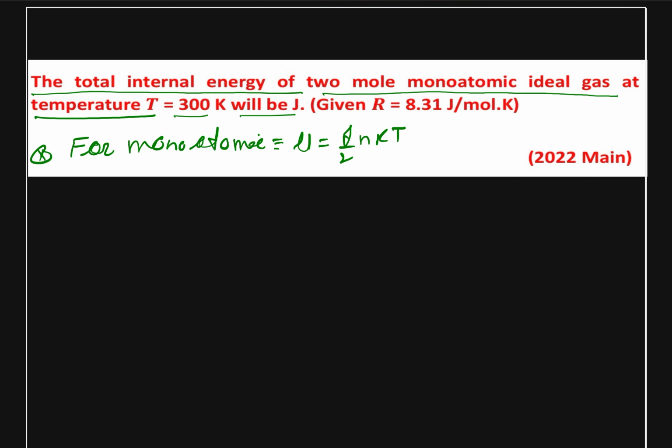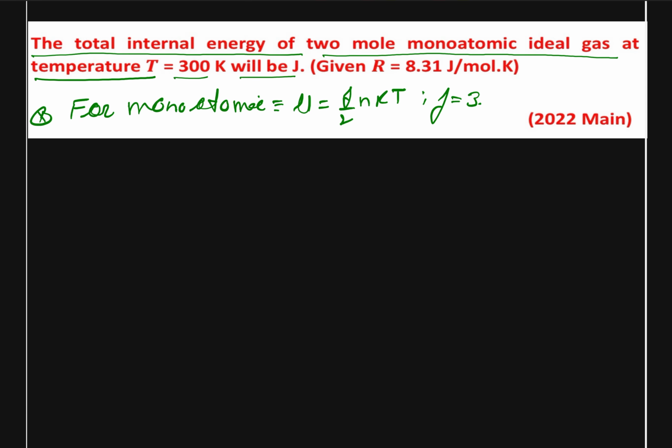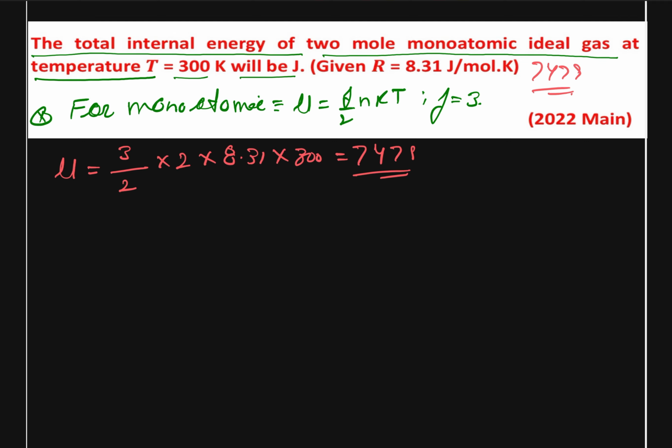So for this particular case, value of f is equal to 3. Therefore, our U will be equal to 3 by 2, number of moles is about 2, value of R is about 8.31, and temperature is 300 Kelvin. So this comes as our 7479. So we get here 7479 joules.